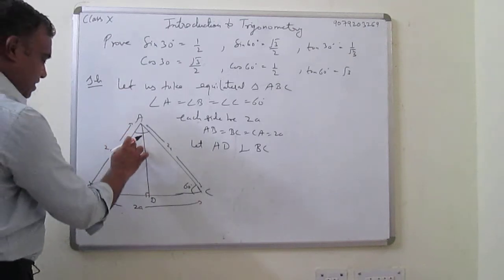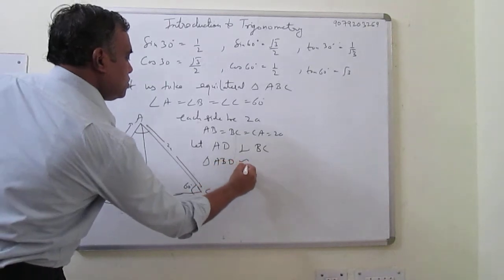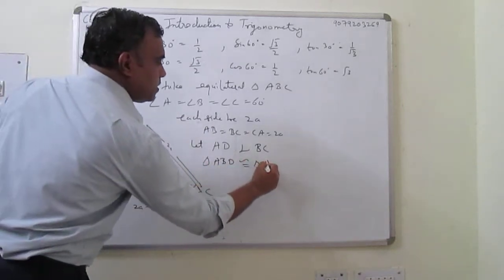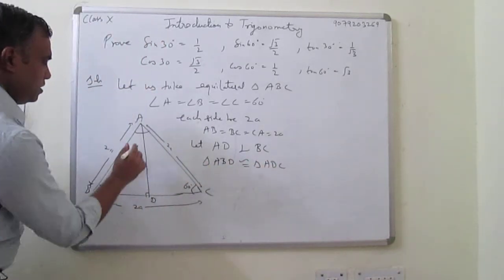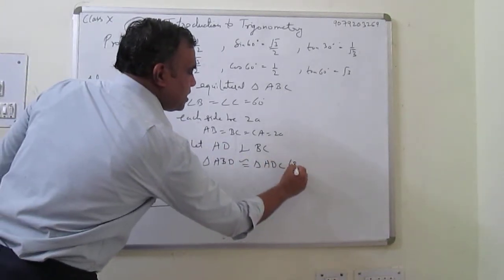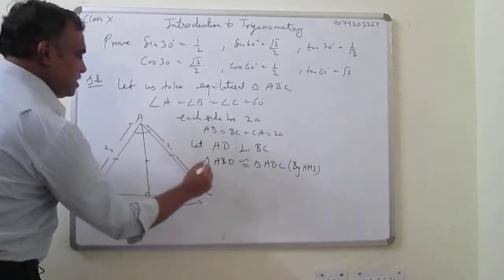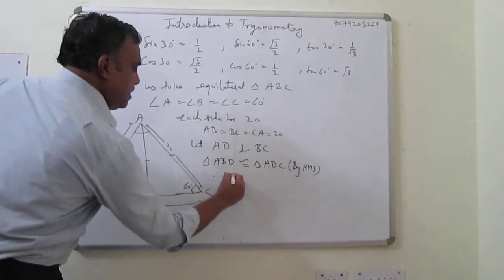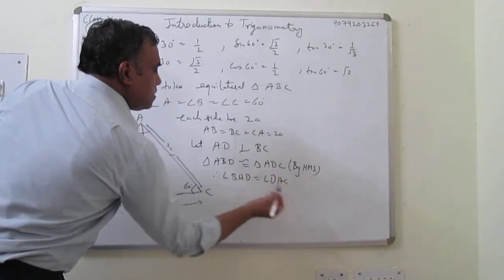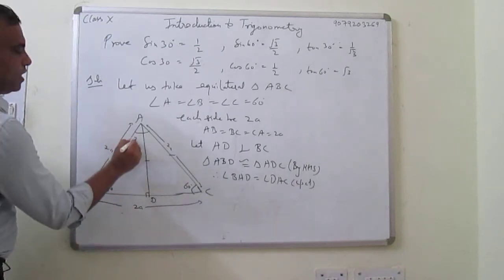We see that triangle ABD is congruent to triangle ADC by RHS: this side is equal to this side, this is common, and the right angles. Therefore angle BAD is equal to angle DAC by CPCT. So these angles are equal, so each is 30 degrees.